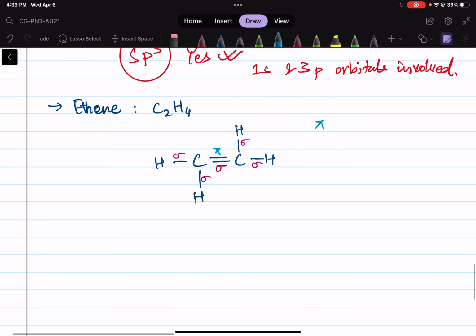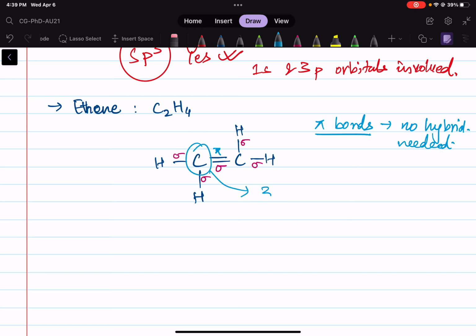And for pi bonds, no hybridization needed. So if you look, this carbon has 3 sigma bonds, which again corresponds to 3 single bonds.